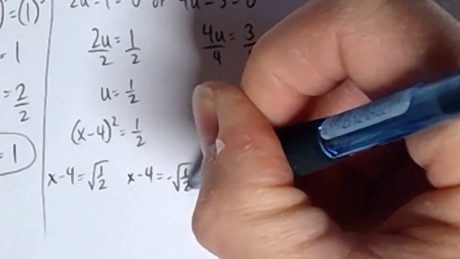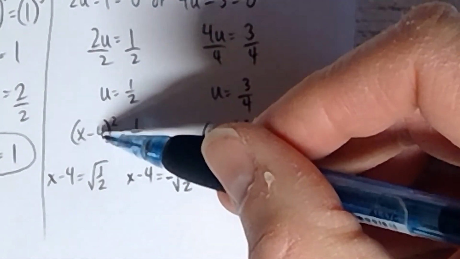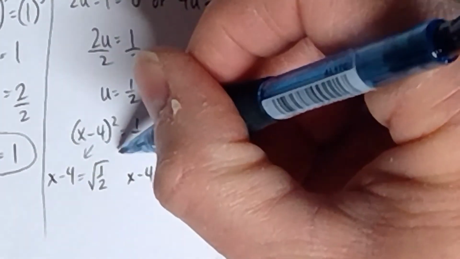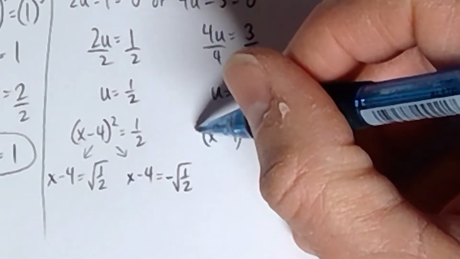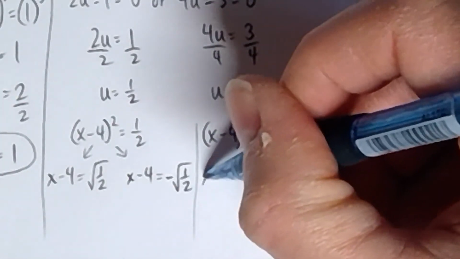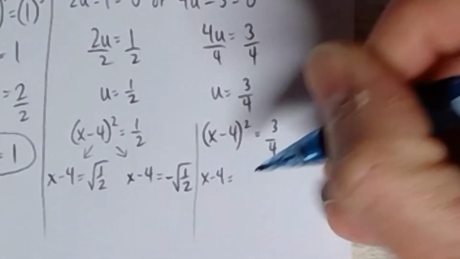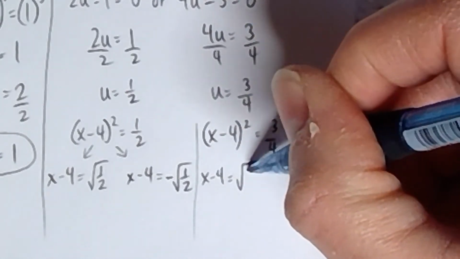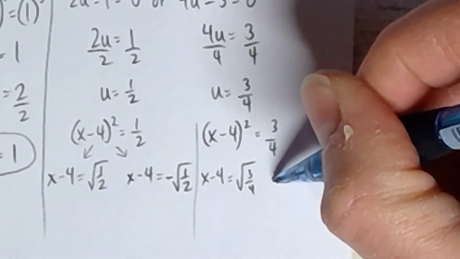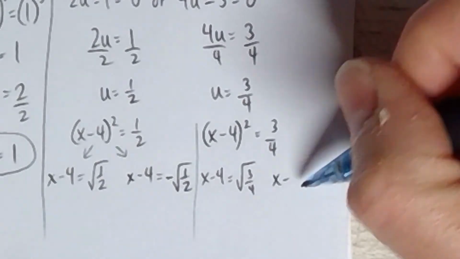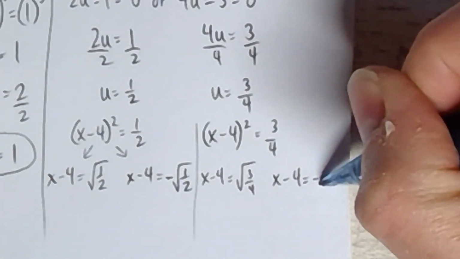That's for the first one. And then this one here is going to be x minus 4 equal to the square root of 3/4, and x minus 4 equal to negative the square root of 3/4.